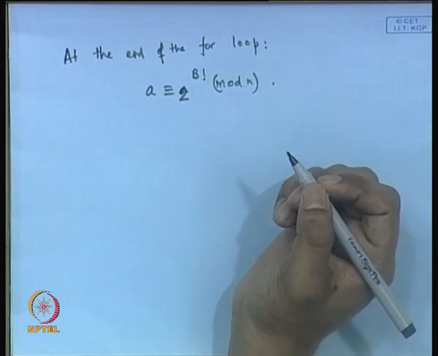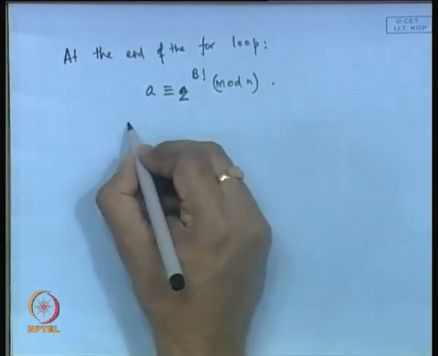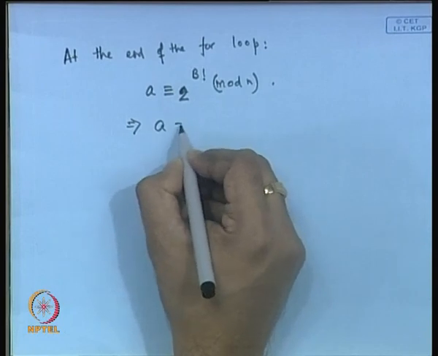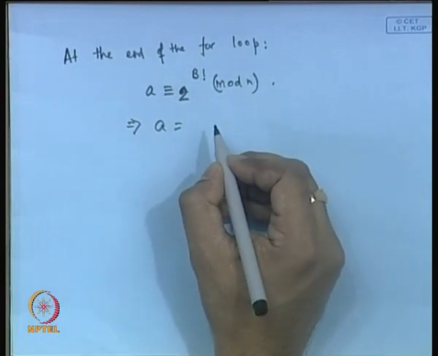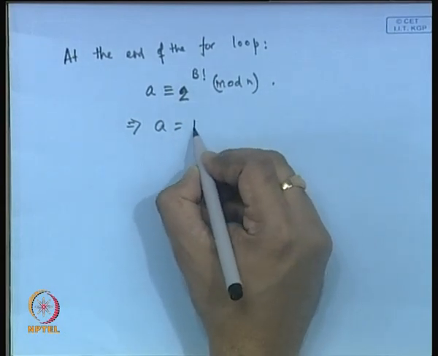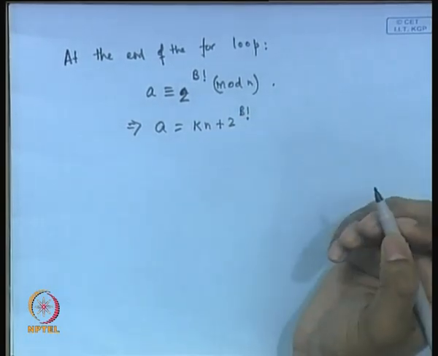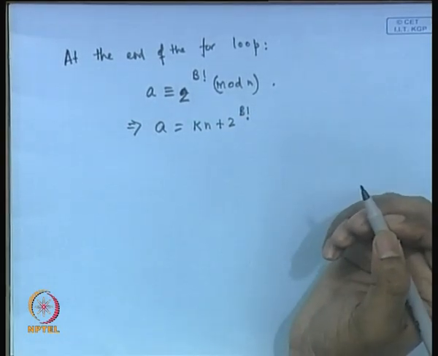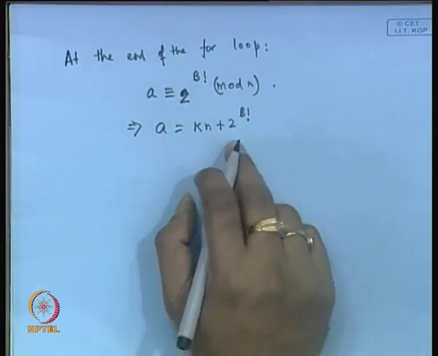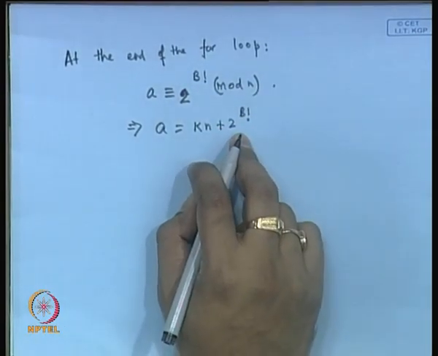Okay. So, now you see that I can write from here that a is equal to k n plus 2 to the power of b factorial, right, because if I divide by n then 2 to the power of b factorial is the remainder, right.